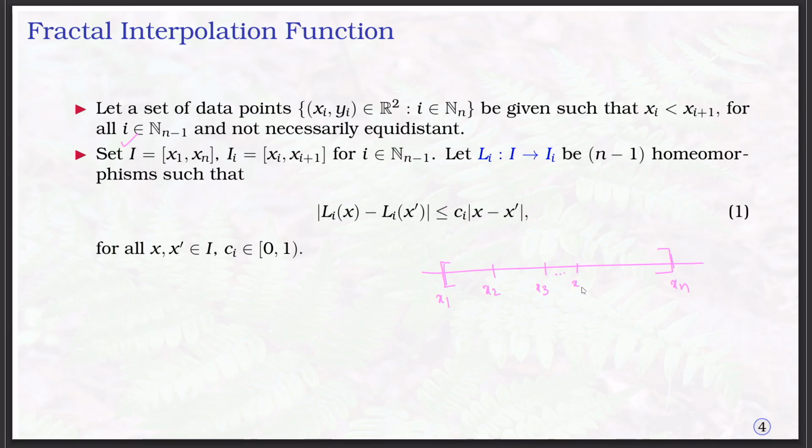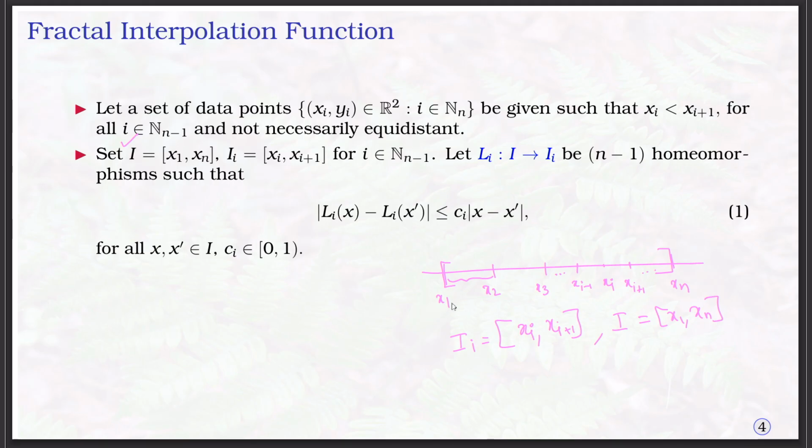This is xi minus 1, this is xi, this is xi plus 1 and so on. So I denote the interval xi to xi plus 1, that means each sub interval, as Ii, and the whole interval as x1 to xn.